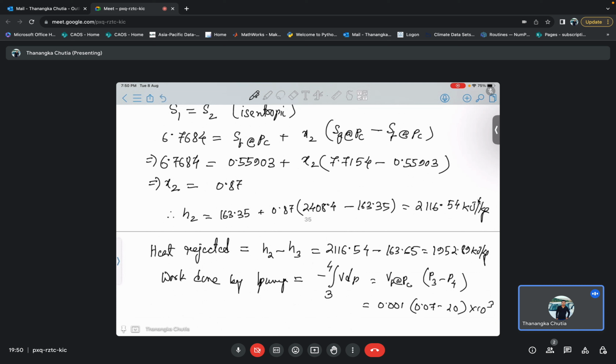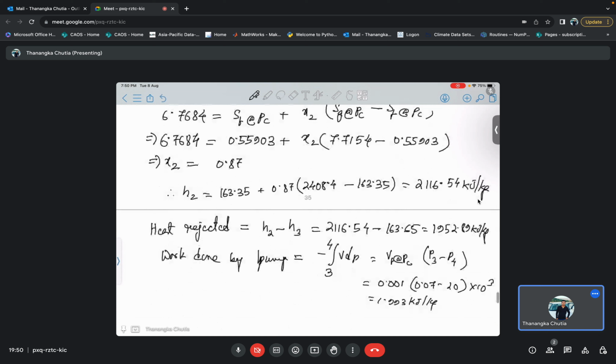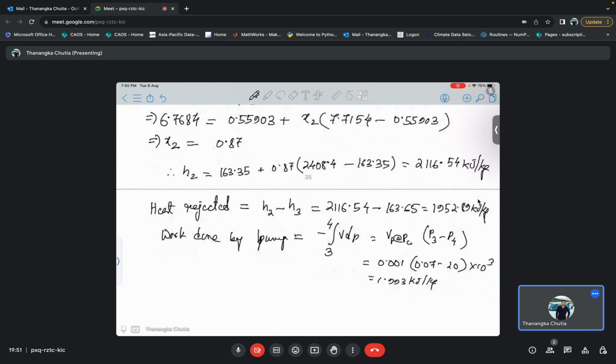This will be 1.993 kilojoule per kg, which is the work done by the pump.